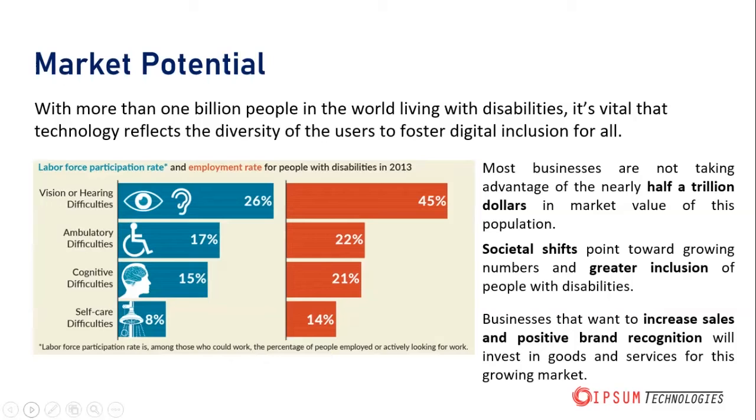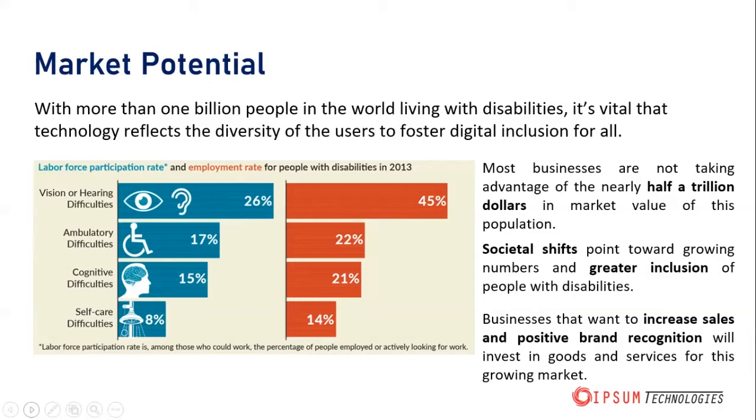And when you look at how the market is changing, you're seeing that there's at least $500 billion in value within the market. You could look at, in terms of trends, societal shifts, where we are moving towards greater inclusion of persons with disabilities, and that's an exceptionally good thing.